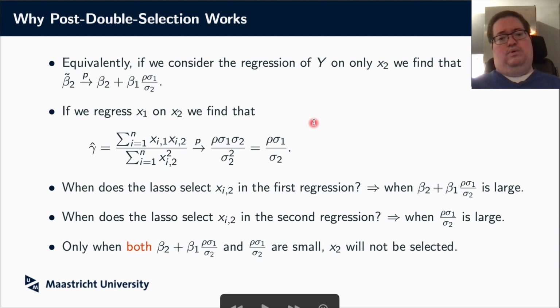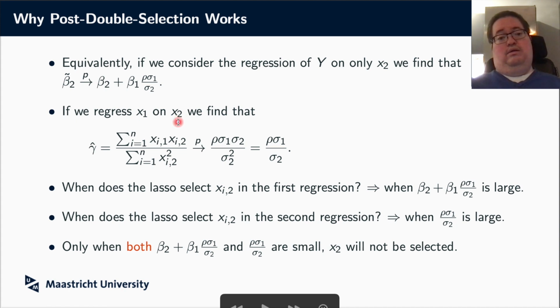Now, if we realize what post-double selection is doing, it's essentially doing these two regressions first. We take y on x2, and we take x1 on x2. Of course, in this particular case where there's only one variable, things are easier, because you could just do least squares. But think about this in a model selection framework. Suppose you would not do least squares, but a lasso regression.